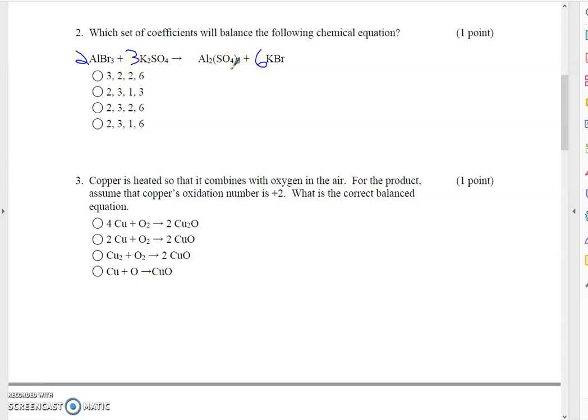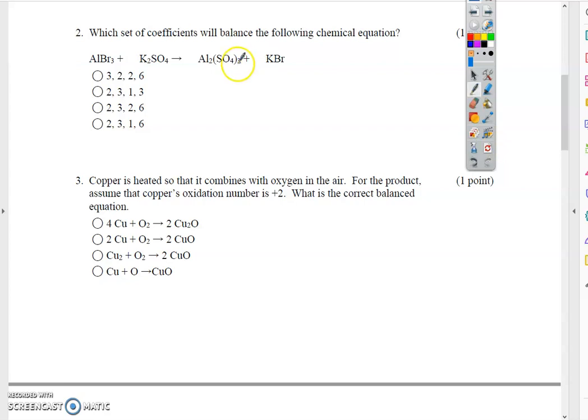Now you could start off with a different element if you want for an example like this, and it's not a big deal if you do or not. So let's say you could start off with sulfates, and sulfate shows up on each side. You could balance 3 sulfates, and now that gives me 3 sulfates. That whole SO4 gives me 6 potassium, 6 bromine.